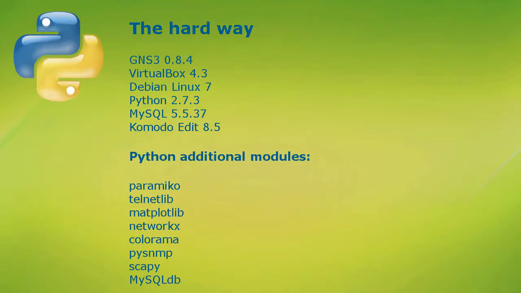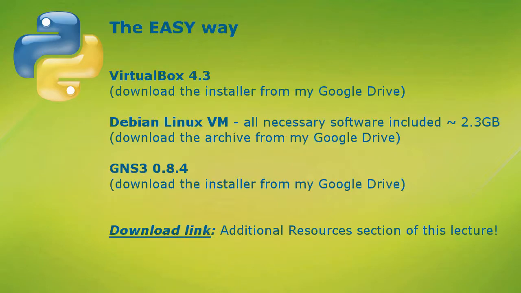If you feel like a hero and have a lot of time for installing and maybe troubleshooting software and Python additional modules, you can download and install all of them into a virtual machine of your choice. I added a document with links to all of these software resources. On the other hand, if you want to quickly configure your work environment and get down to business with Python, I would really recommend the easy way.